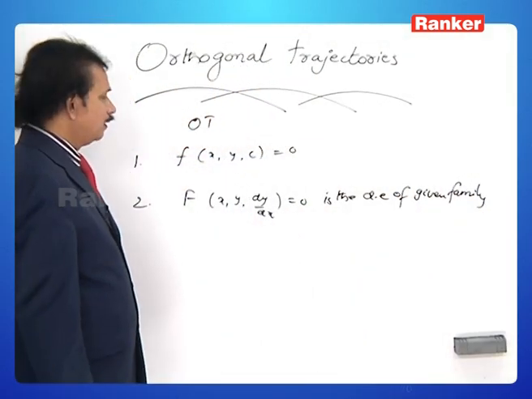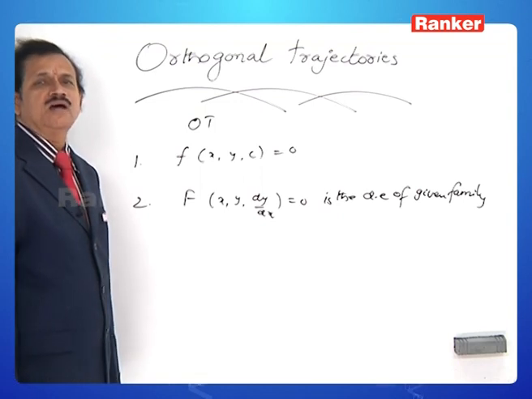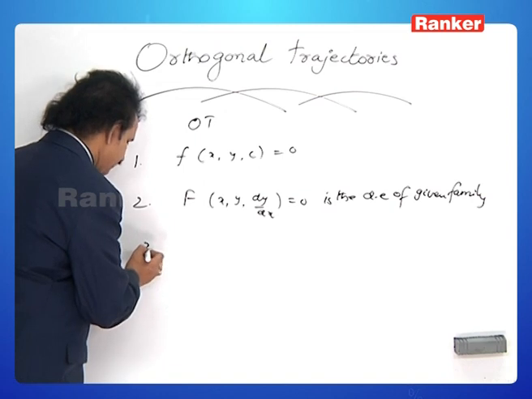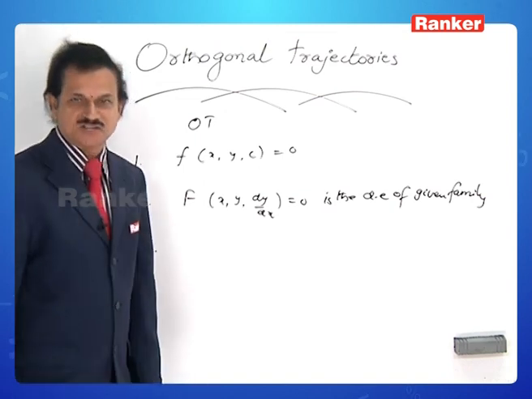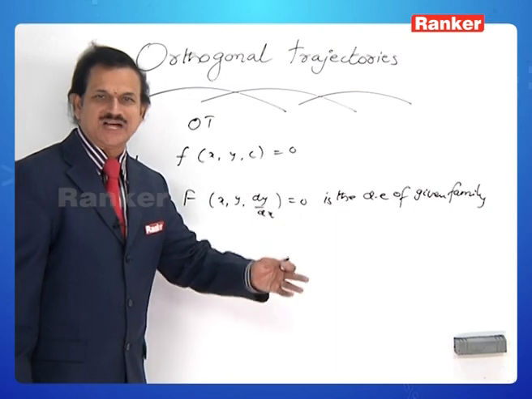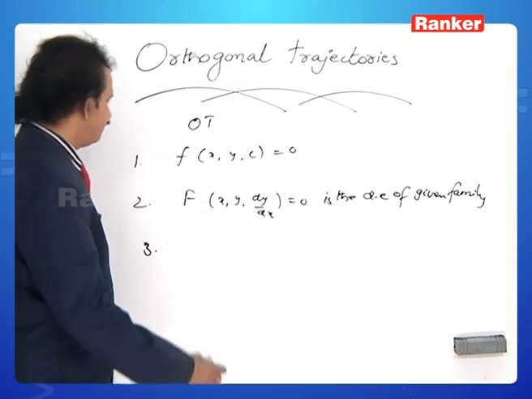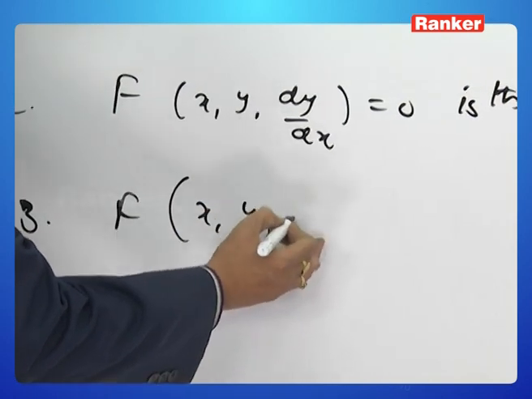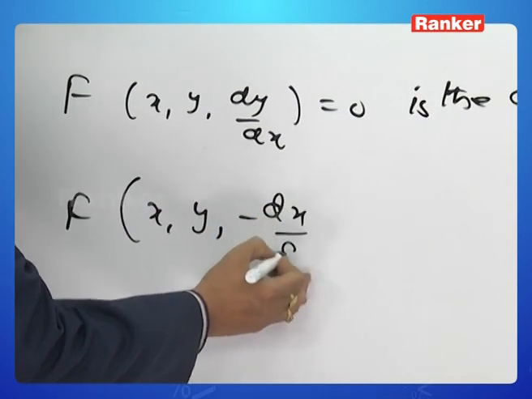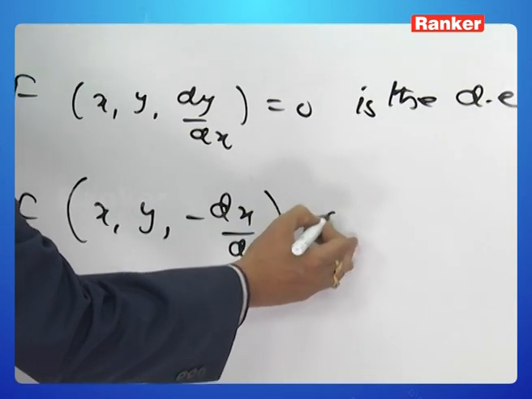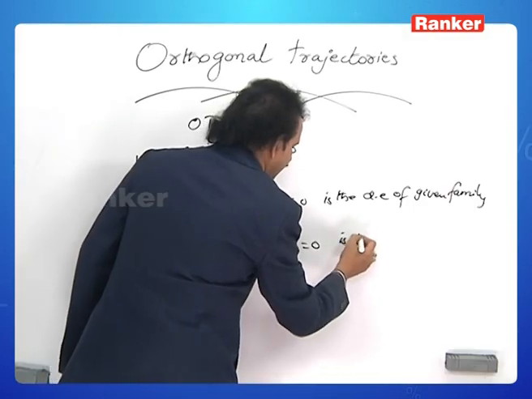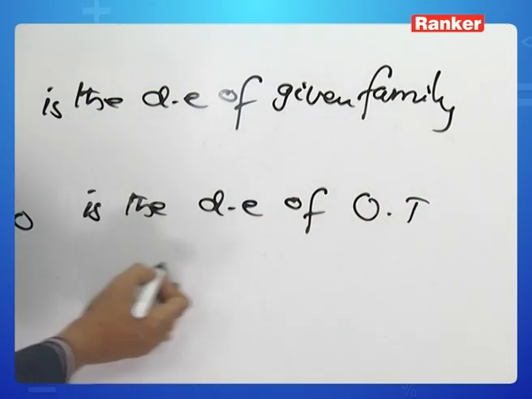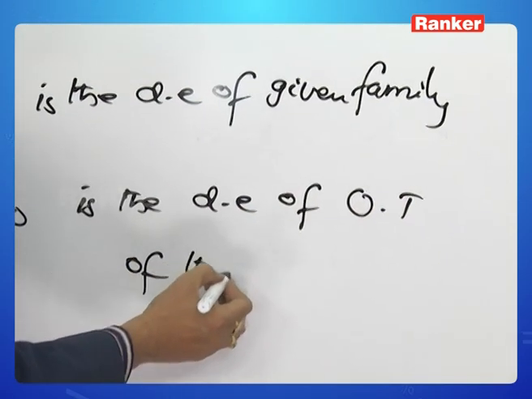Now, actually we require the orthogonal trajectories, isn't it? Now, one of the most important suggestions given to us in theory is you just replace dy/dx by minus dx/dy. That is the DE of the OT of the given family.